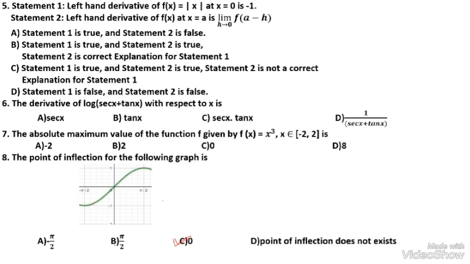Again, at the point pi by 2, the graph is increasing. So the middle point between the increasing and decreasing parts of the graph is called the point of inflection. Therefore, the point of inflection for the graph is 0.